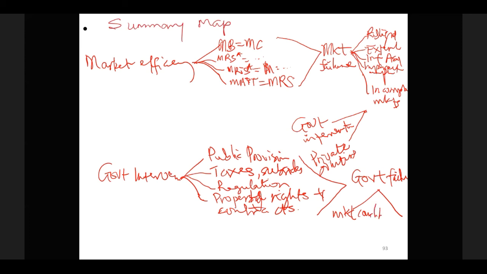They can also come from issues such as corruption, issues such as agency problems, issues such as bureaucratic bottlenecks, and issues such as rent-seeking behaviors.